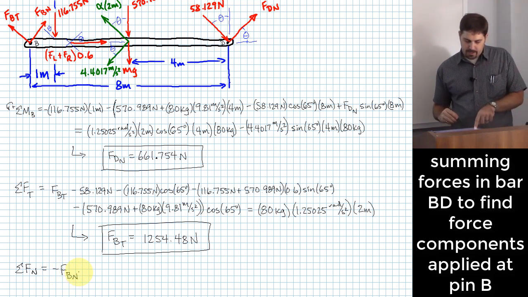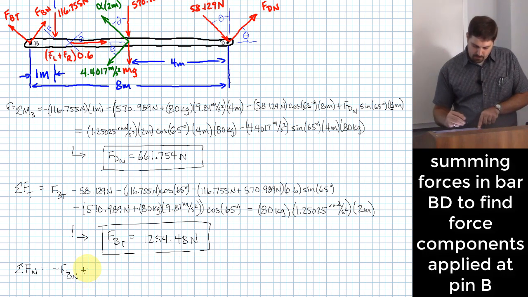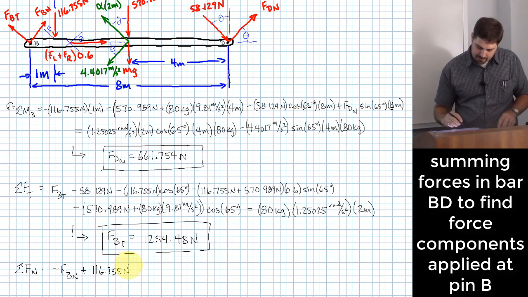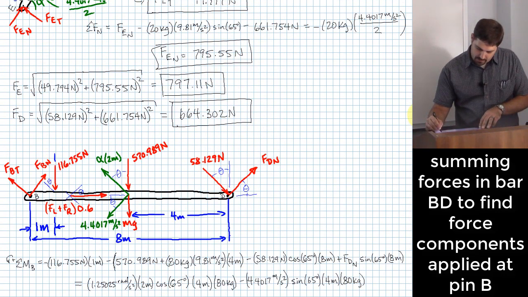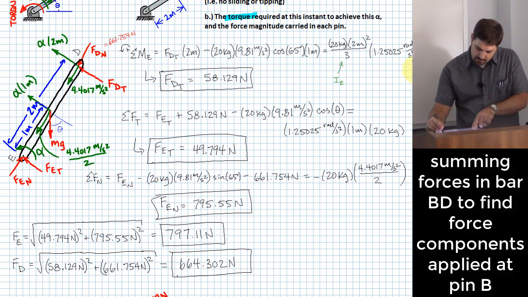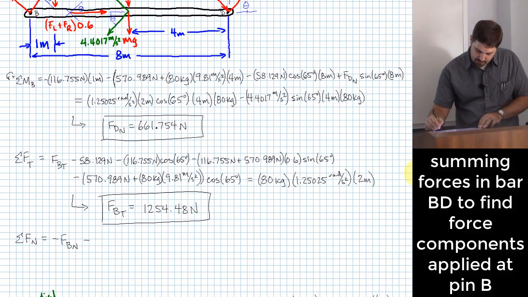Okay. Then what? We'll do it in the same exact order. I have FDN, right? FDN was what? FDN was 661.754.